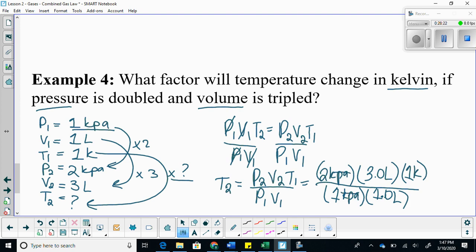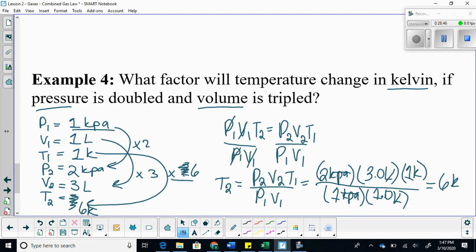Kilopascals cancels out with kilopascals. Liter cancels out with liters. And I end up with a T2 of 6 Kelvin. Now you go back here. This is 6 Kelvin. So for me to get from 1 Kelvin to 6 Kelvin, what did I multiply by? 6. So I multiplied by 6.